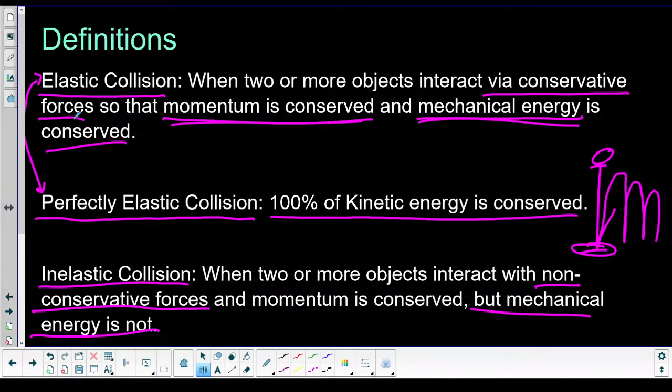In real life, in practice, you're not really going to find a perfectly elastic collision, because if two things touch, there's going to be some rubbing and deformation of the surfaces going on.